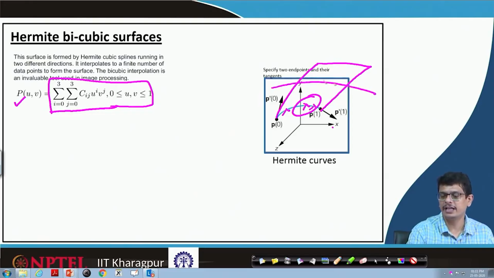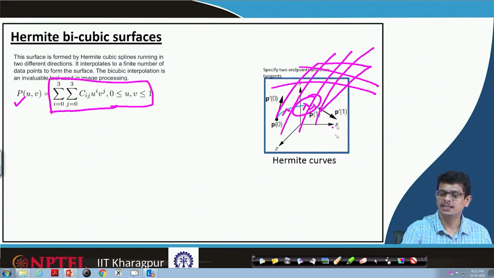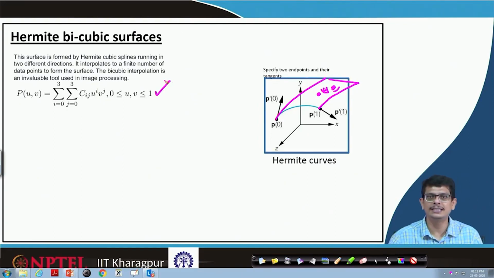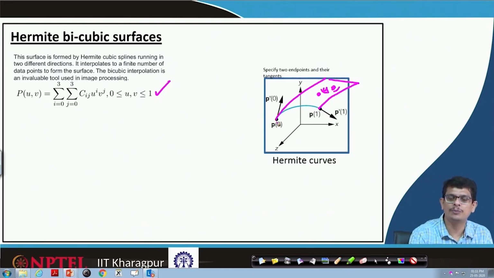So, you pick any Hermite curve which is passing on that surface, pick that point where u v information we have parametric variation. On that surface, the point in the direction of u v is supposed to satisfy this relation based on the points and the tangent information what we have.